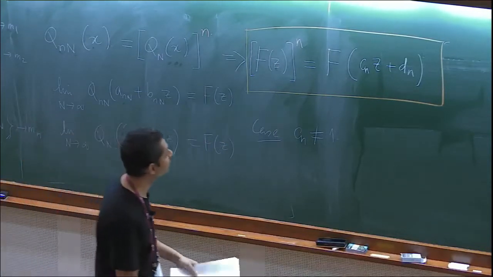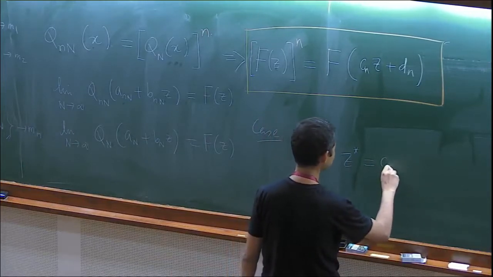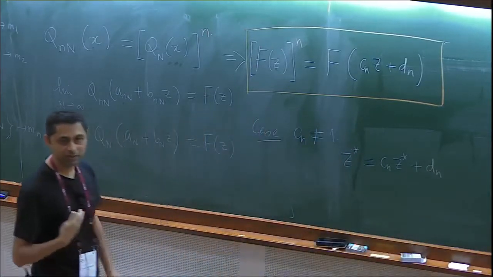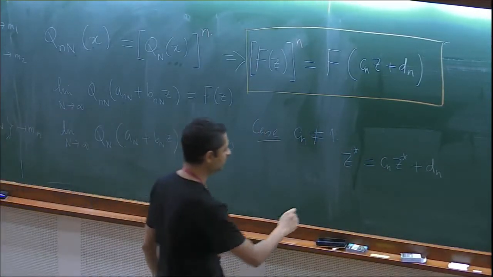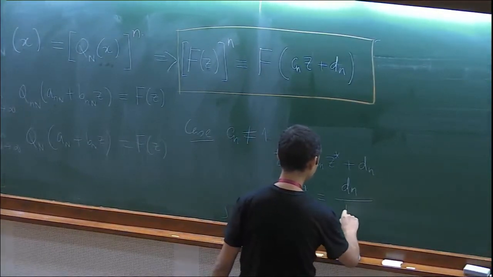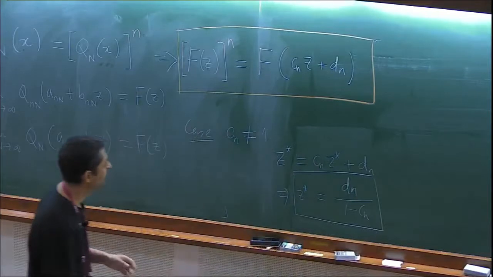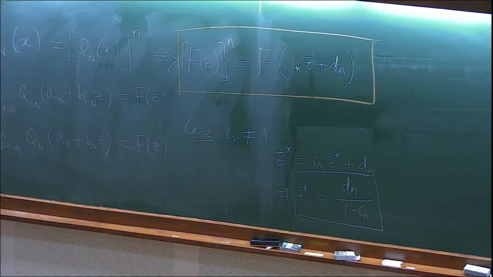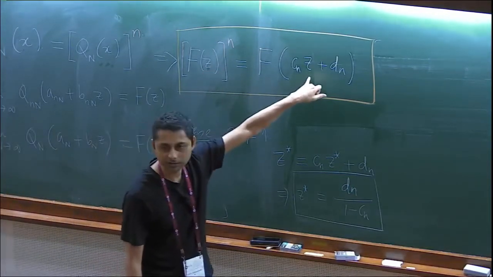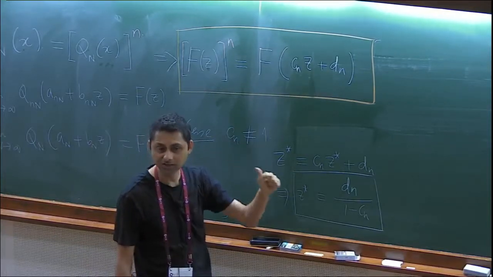So what is the point where they meet? Let's call it z star, which satisfies z star equals Cn z star plus dn. So there will be one point where they meet, and this point is given by dn by 1 minus Cn. If they meet at this point, this argument is the same as that argument, because this is also z star, only at that point.